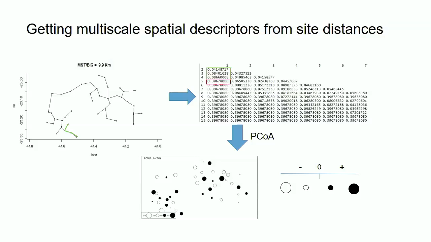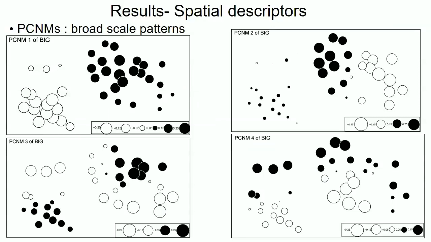So when we see this for the bay, you see that, for example, these ones were the ones that got most often selected. And you can see that they describe stuff looking alike, like in big scale separation. So the spatial variables that got selected are like big scale stuff.